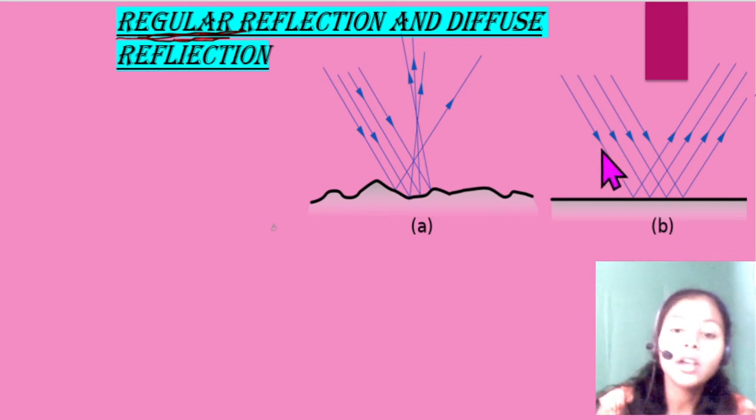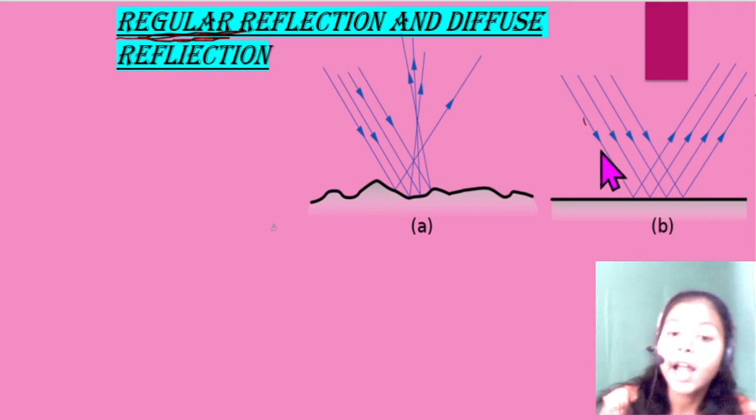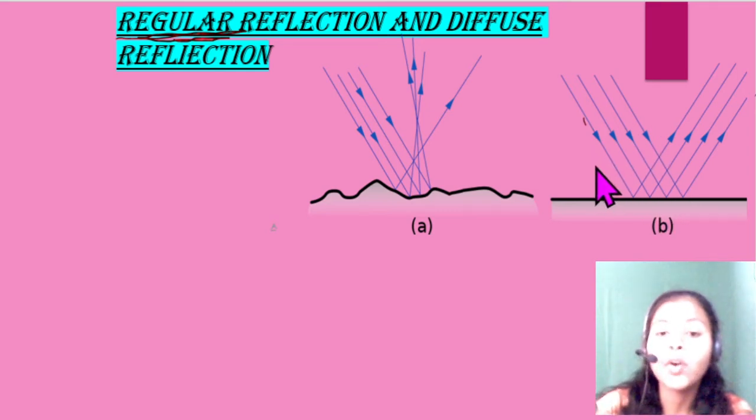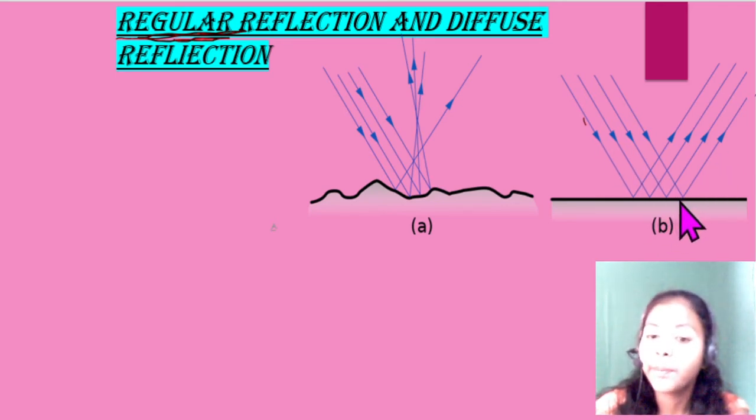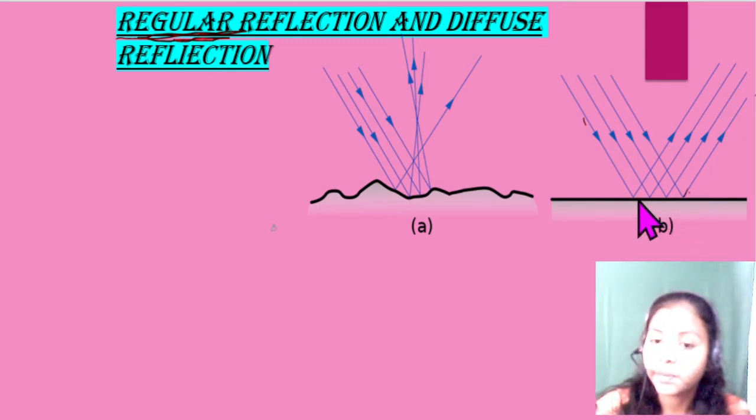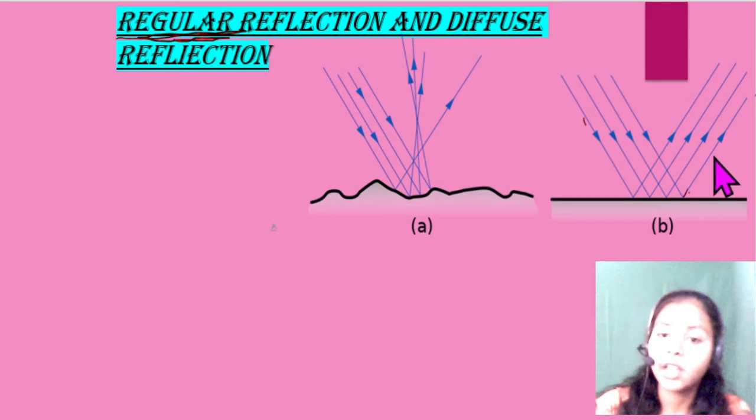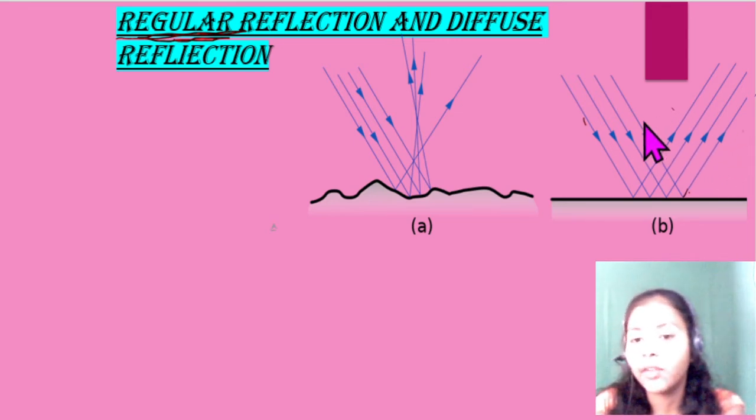Here you can see the ray of light which is parallel to the surface, called the incidence ray. This ray of light is reflected back in one direction, which is also parallel. The reflected ray is also parallel.